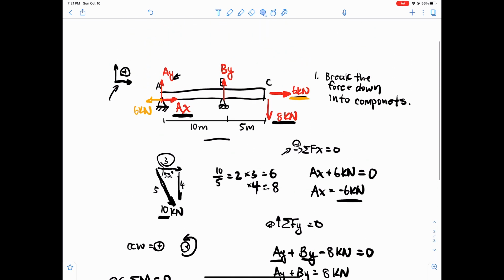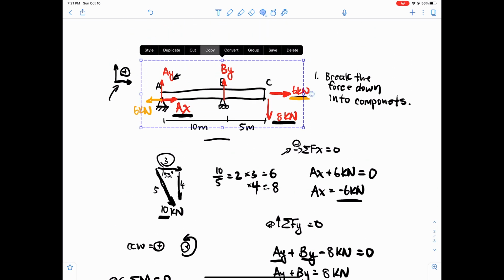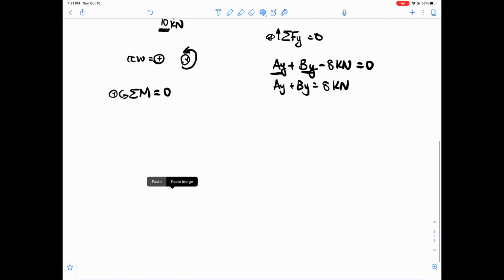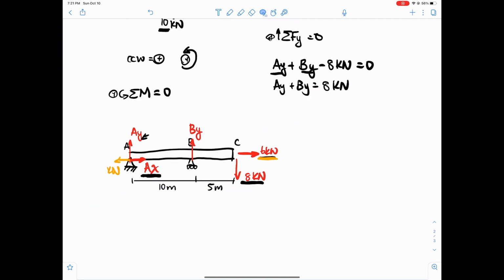Let me copy it for a third time. Or was this a fourth? Okay, so imagine point A right here is a hinge.